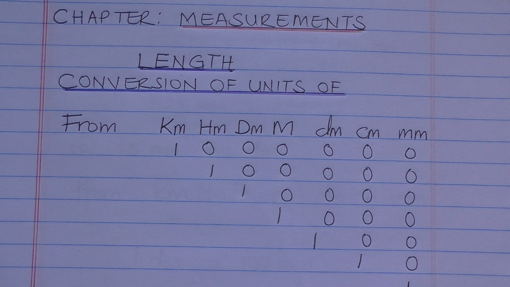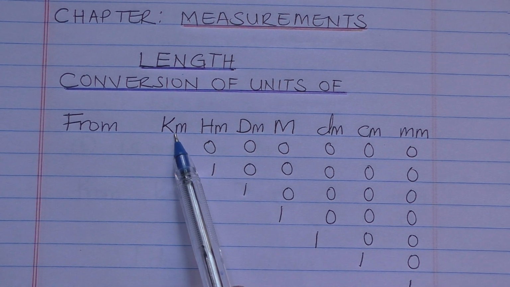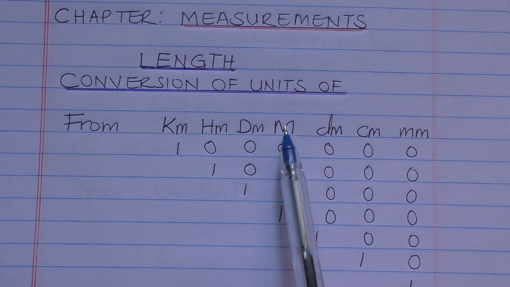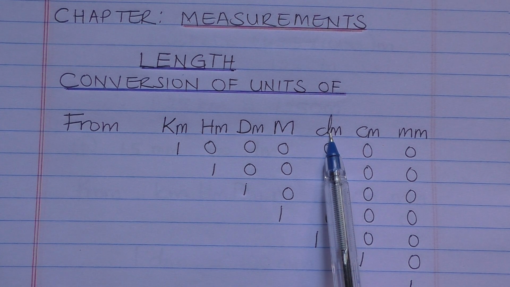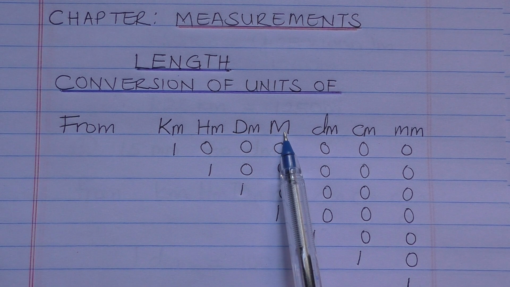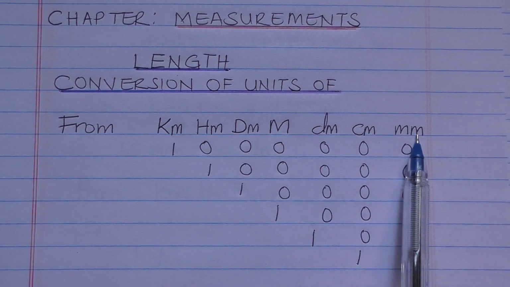Besides meters, we have other units of length: kilometer, hectometer, decameter, meter, decimeter, centimeter, and millimeter.